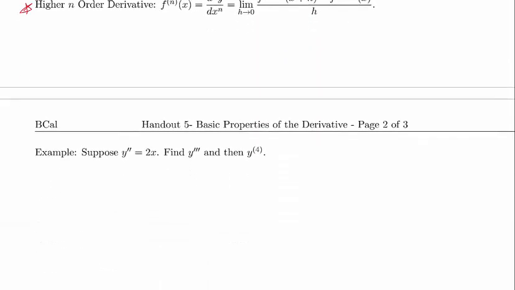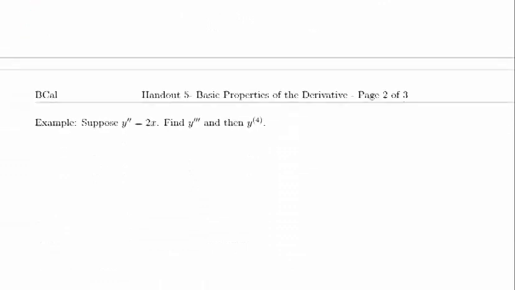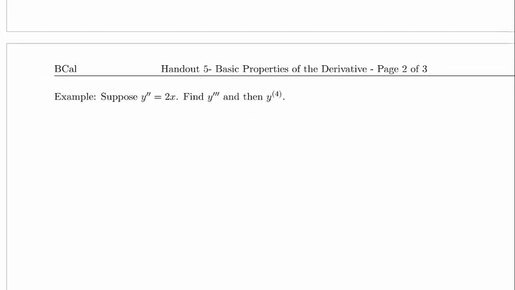Okay, so let's do a quick example here. I know I have the whole page set up. You're not going to need anywhere near this whole page, but if you need some extra space to write on, you've got it here. So the second derivative of y is 2x. Well, what is the third derivative? Well, the third derivative is simply the derivative with respect to x of 2x.